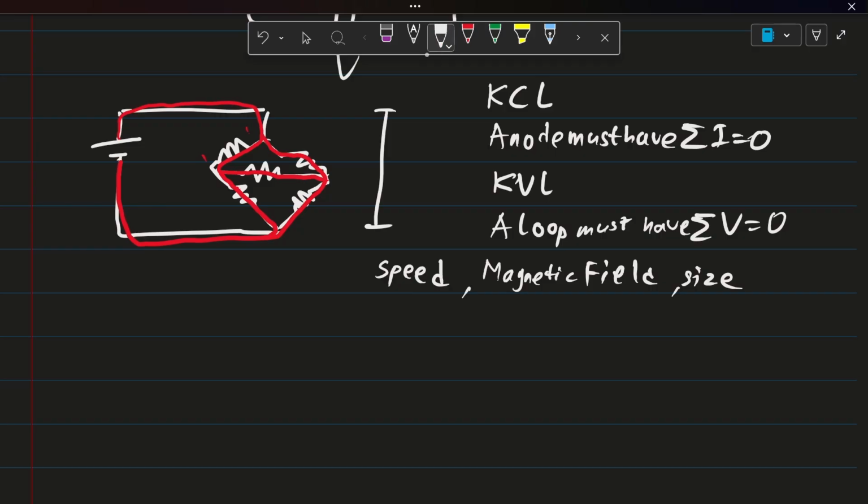And you could also do the same thing, but instead of using the voltages, you could just use the currents. So you could just analyze the current inside there, inside there, inside there, and maybe even inside there, but it's not really relevant, so I'll just put an X in there because it's not necessary.